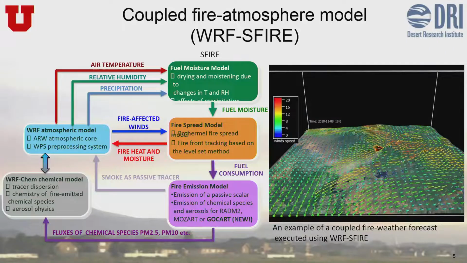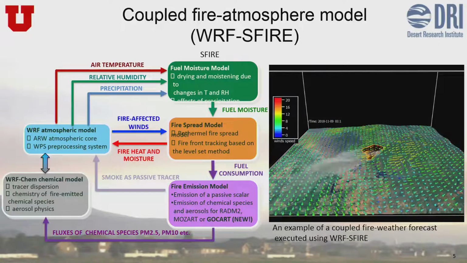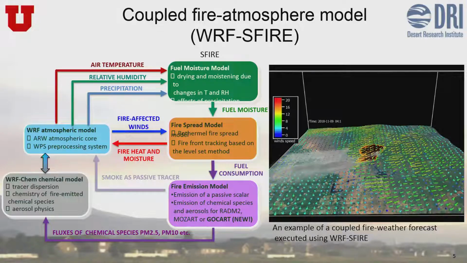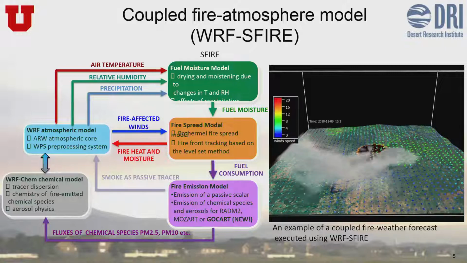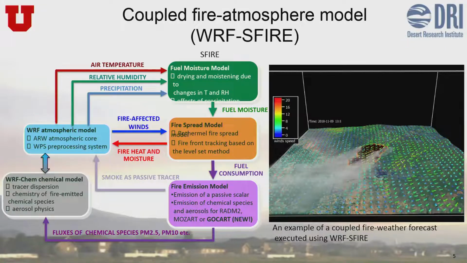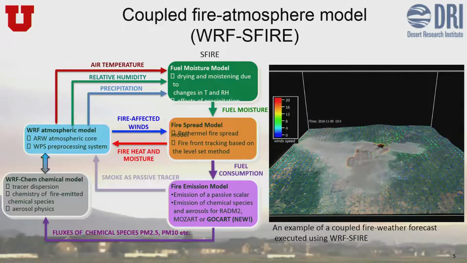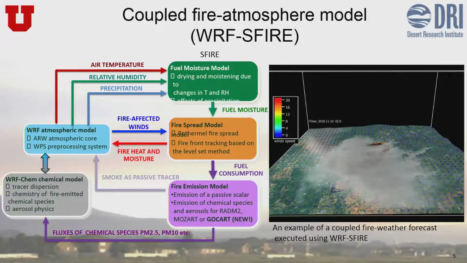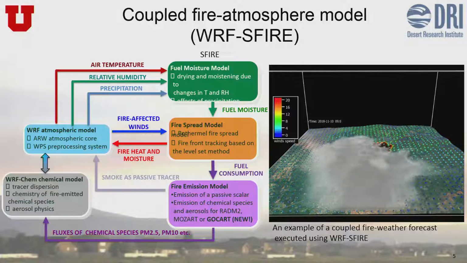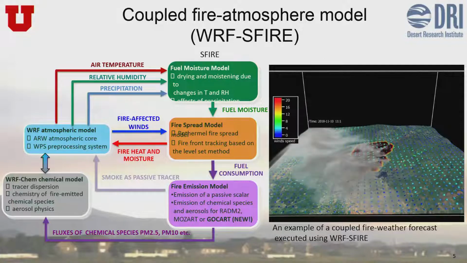On the left side, you see a diagram which is very similar to the one that I just previously commented on in terms of coupled versus uncoupled modeling. So here we are showing the actual boxes, the actual models. The blue one is the WRF atmospheric model, and you see that it's connected with this orange fire spread model, just providing winds, and then the heat fluxes, moisture, and smoke go back to the atmospheric model.